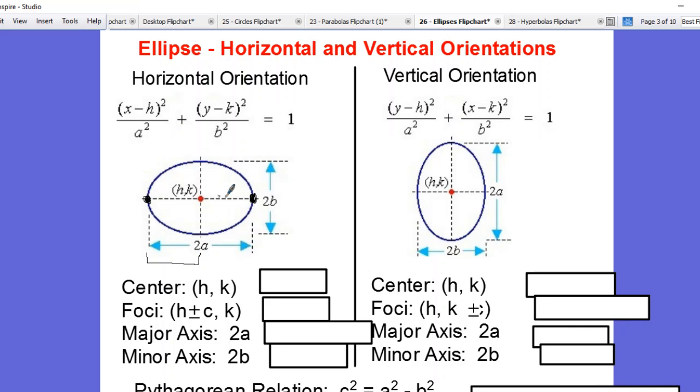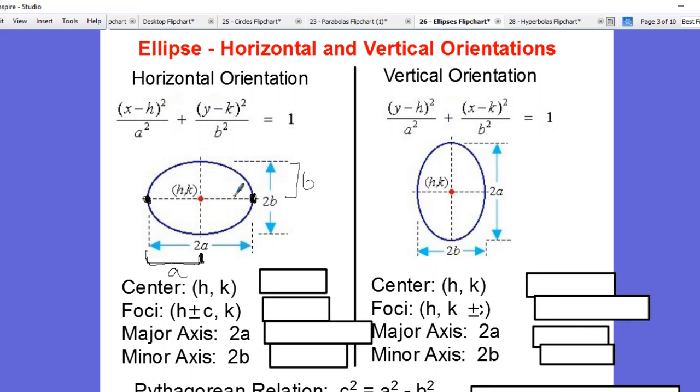Half of 2a would be a. And if this distance is 2b, half of that will just be b. So that distance is b, and this distance is a.